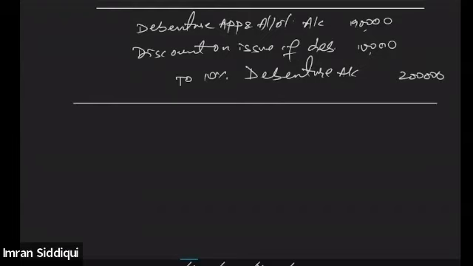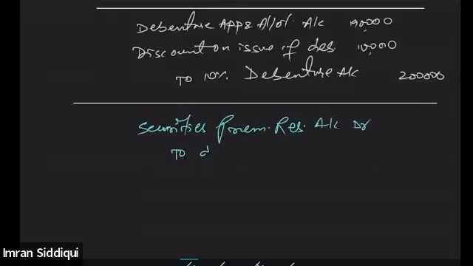So ultimately, what we'll write down is securities premium reserve account debit to discount on issue of debenture 10,000.